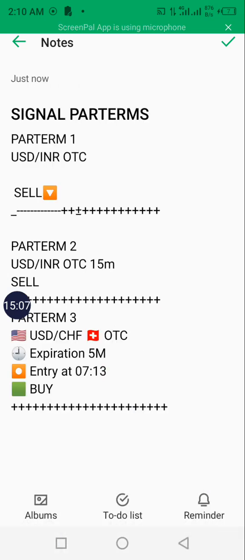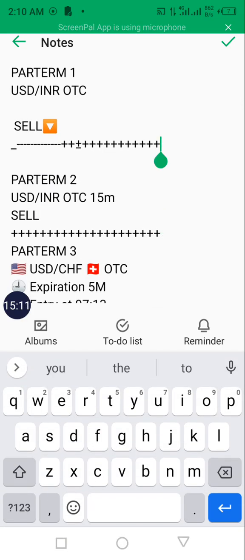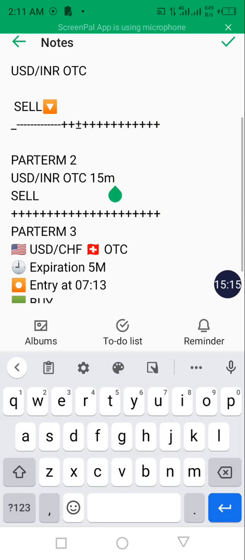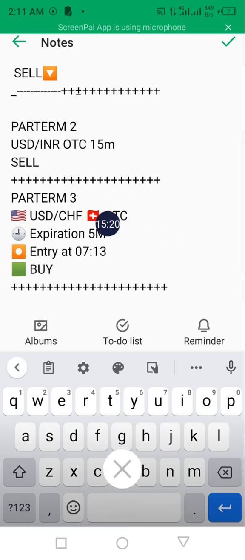So this kind of signal, this pattern 3 signal, is given ahead of the entry time. You are not meant to enter immediately when it is dropped. You are meant to wait for the time on the minute handle here to read on your clock before you enter the trade.